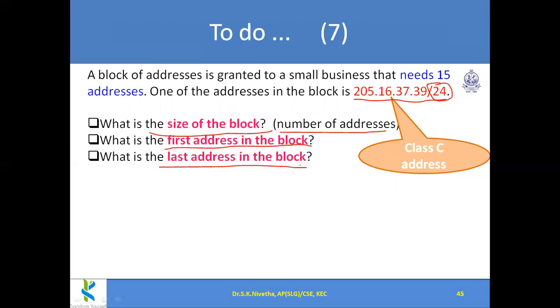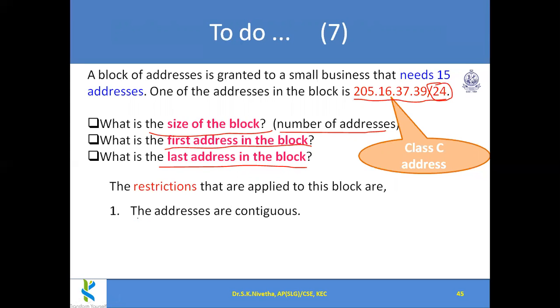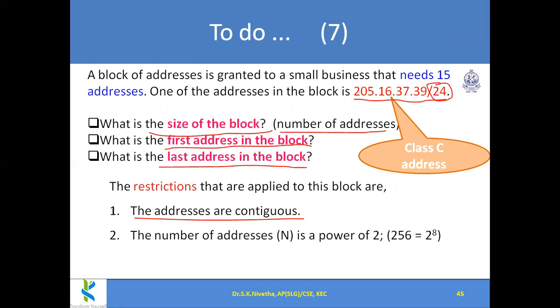So we have to remember the constraints first while allocating the block. The addresses should be contiguous. All the 15 addresses we are assigning, for example, should be contiguous. Then the total number of addresses in the block is a power of 2. So I cannot assign 15, because it is not a power of 2.